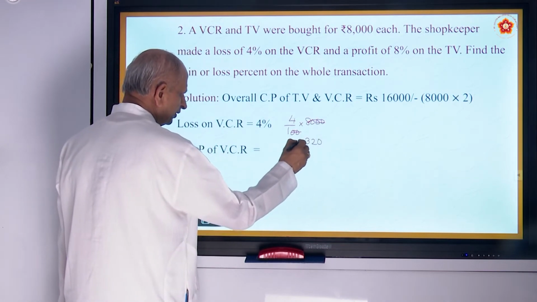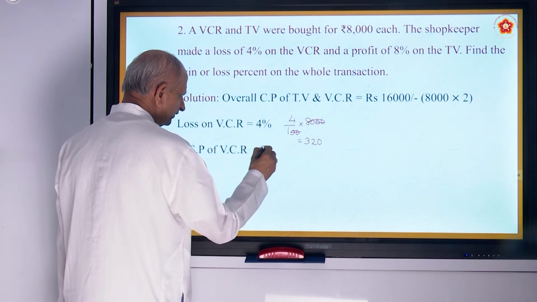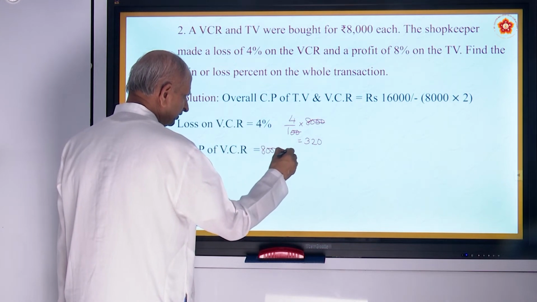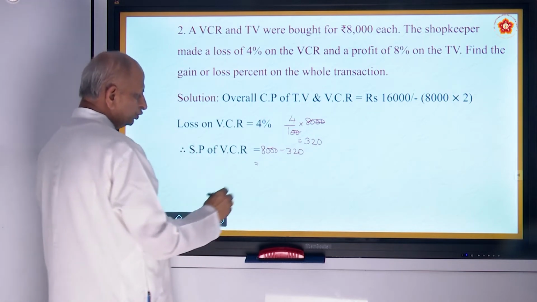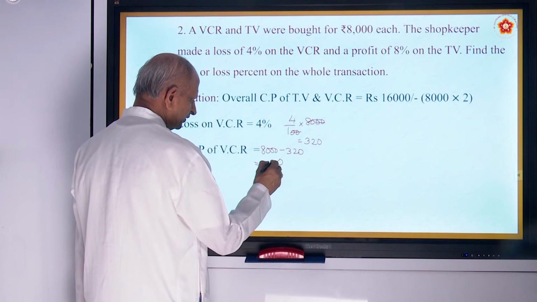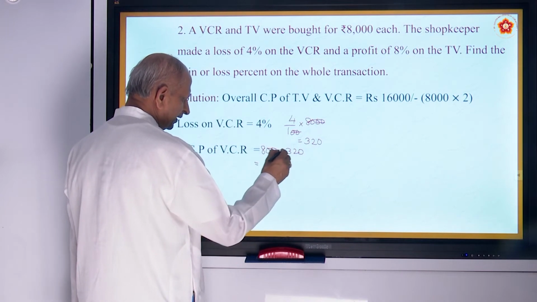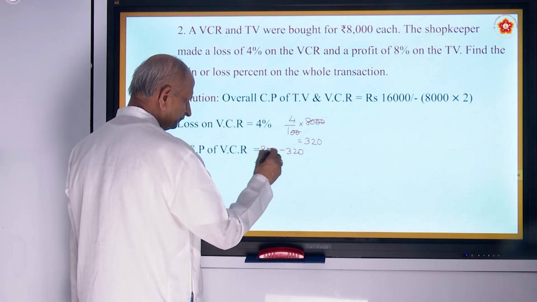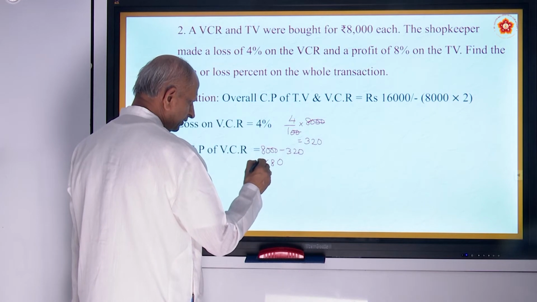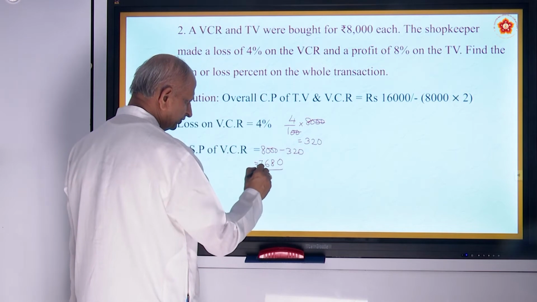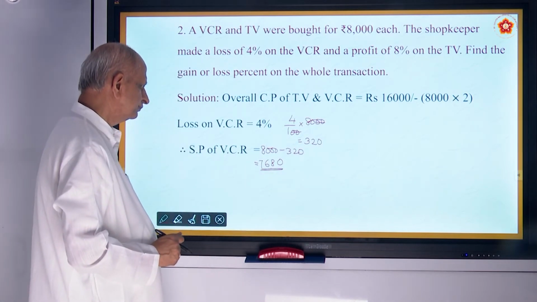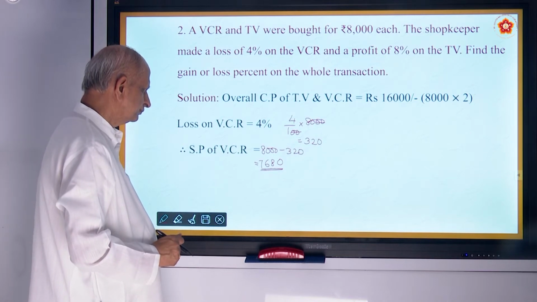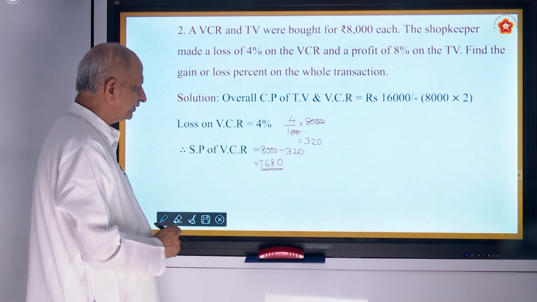So this will be equal to 8,000 minus 320. That comes to 10 minus 2 is 8, 9 minus 3 is 6, and then 7,680. Correct? Correct. So that is about VCR.